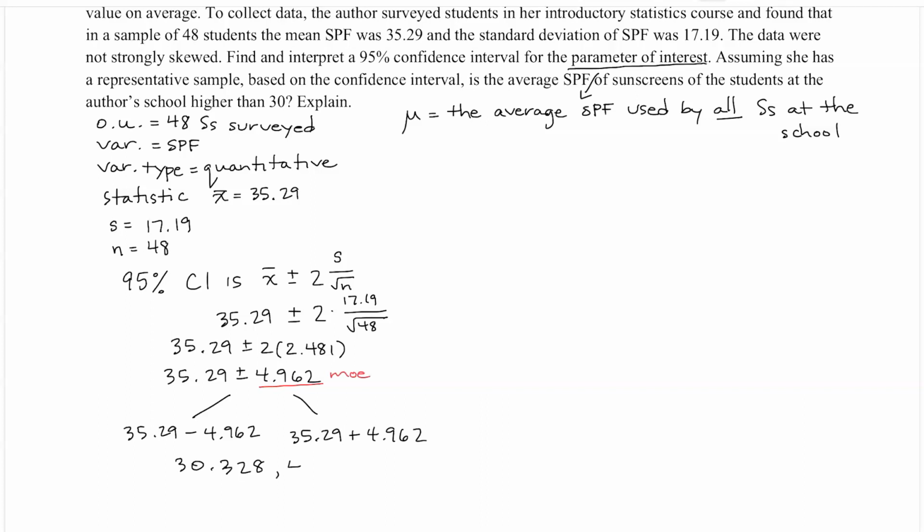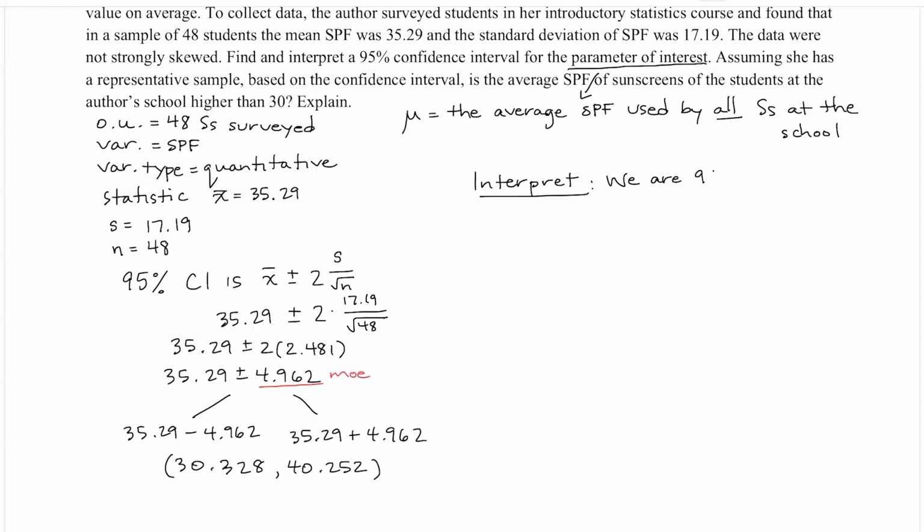Again, you should do these calculations for yourself. When you do the subtraction, you should get 30.328, and when you do the addition, you should get 40.252. And that gives the 95% confidence interval.